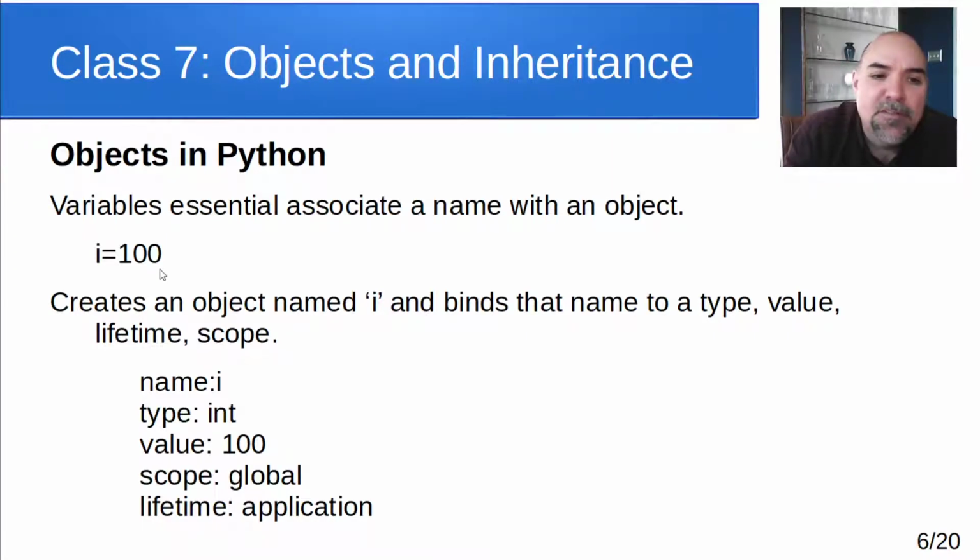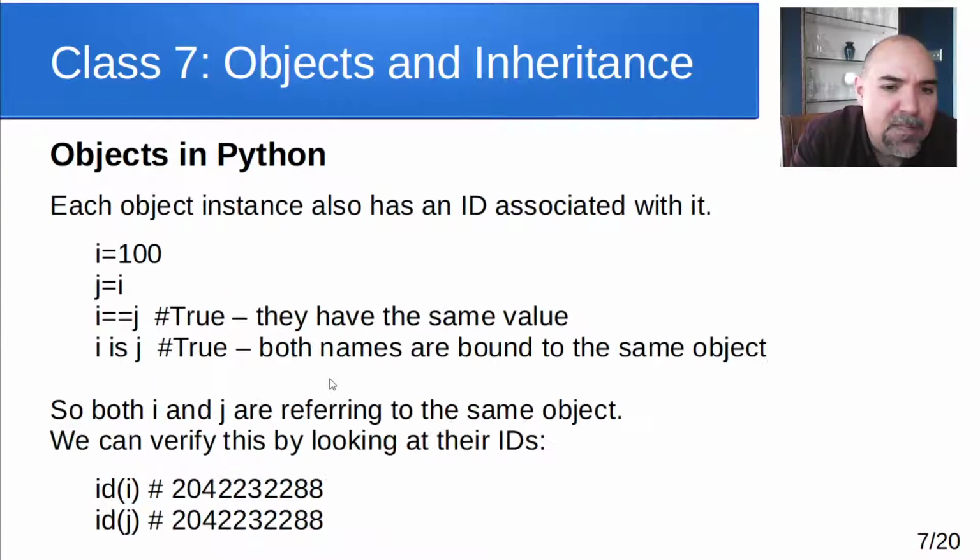So behind the scenes, this variable I has the name I, it's type int, it has a value of 100 right now. It's global scope if it was created outside of a function. And its lifetime is the application lifetime, meaning it'll exist in memory until the application terminates, or we delete it. We could delete it before that using del if we wanted to. And basically every object has that.